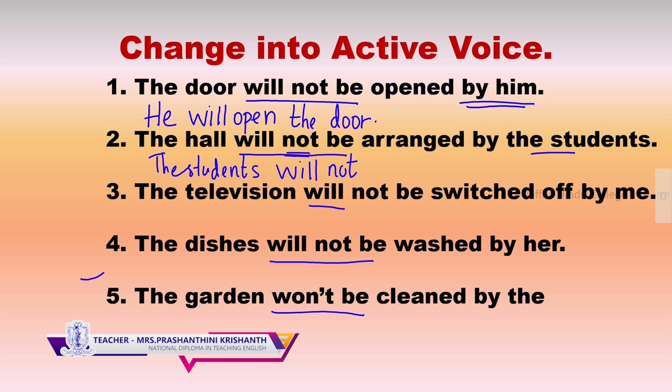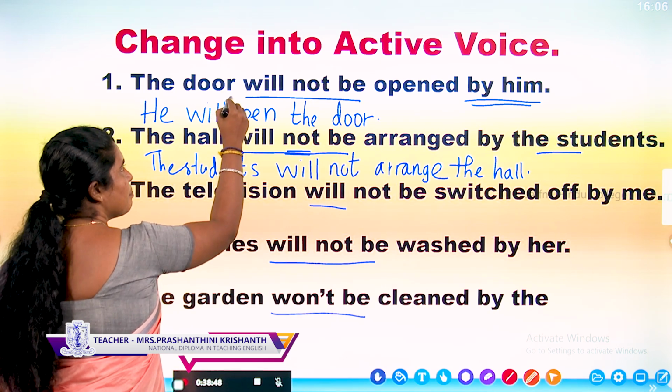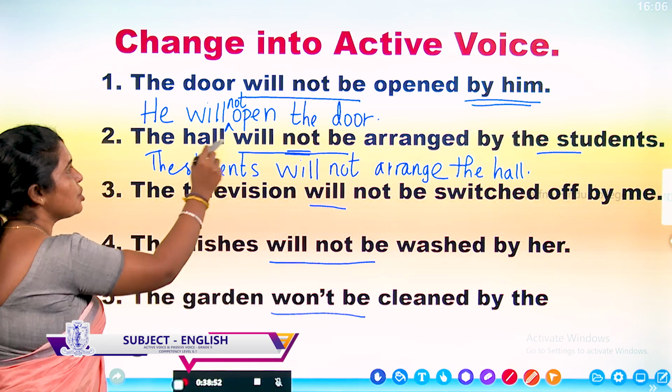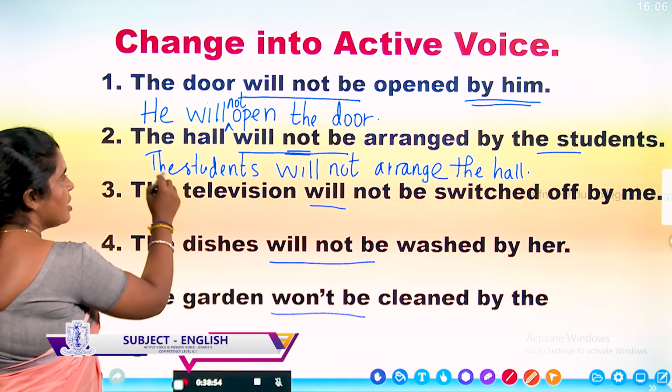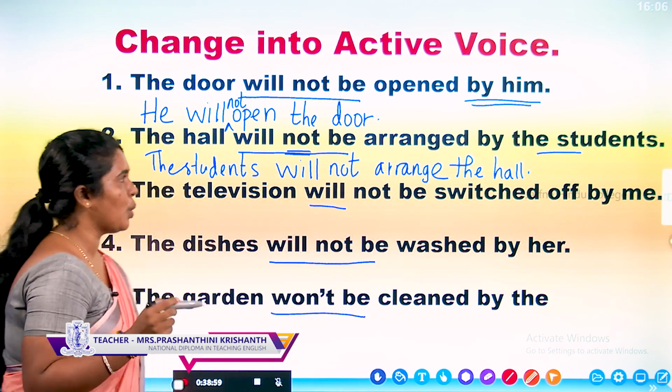Will not arrange the hall. So here also we have to add not because this is a negative sentence, right? So he will not open the door. The number 2, the students will not arrange the hall.